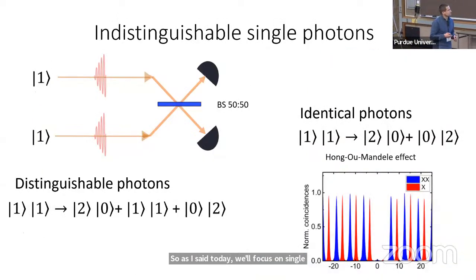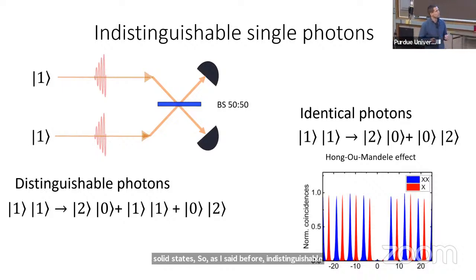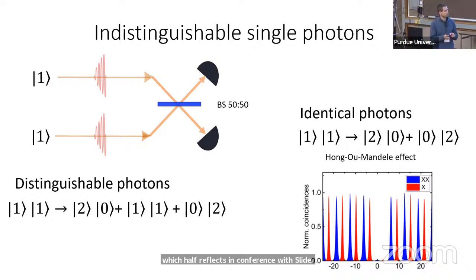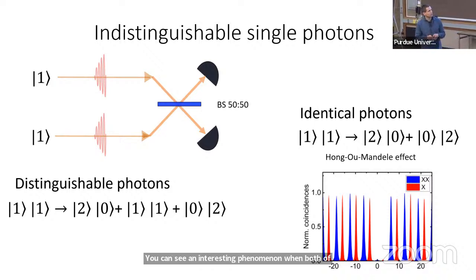As I said before, indistinguishable single photons should be equal in all the degrees of freedom which you can measure. And their key effect, which you can observe with identical photons, if you send them onto a symmetrical beam splitter, which half reflects and half transmits light, is an interesting phenomenon where both of the incoming photons go into only one of the outputs of the beam splitter and into only one detector.